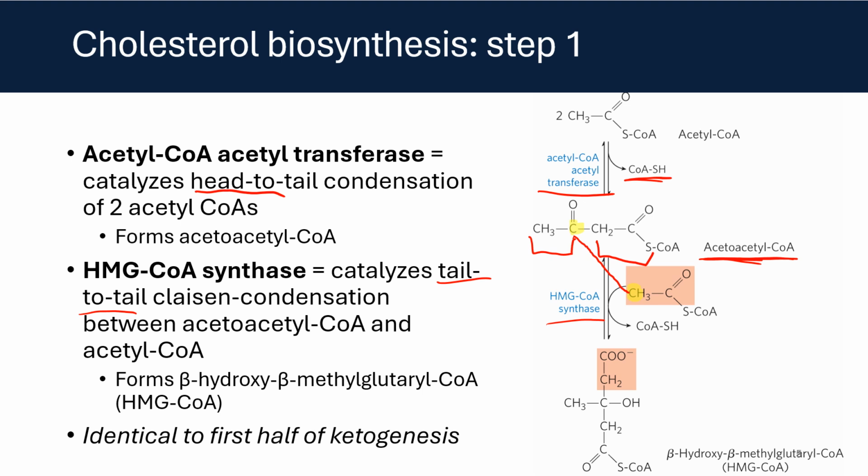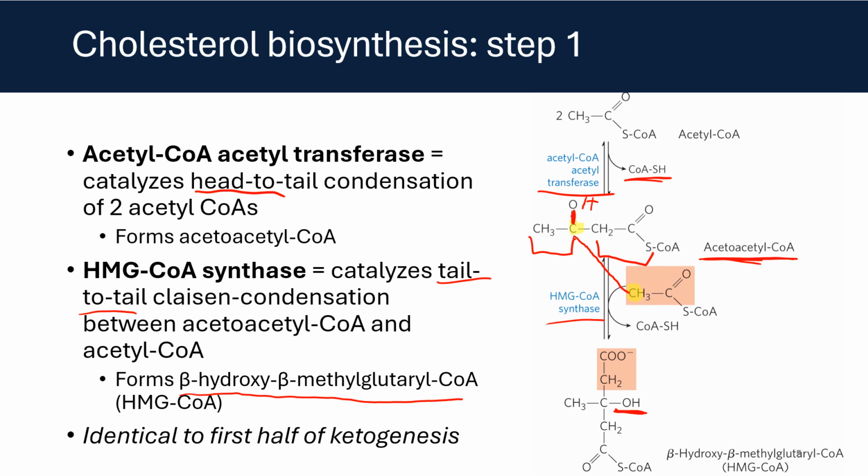That's going to turn this into an alcohol, which you can see over here. And then this red portion comes from the acetyl-CoA that we just tacked on. And the product of this reaction is a bit of a mouthful, beta-hydroxy beta-methylglutaryl-CoA.